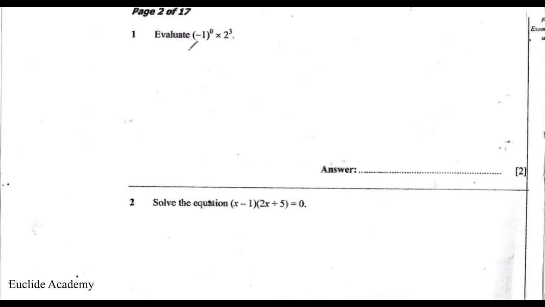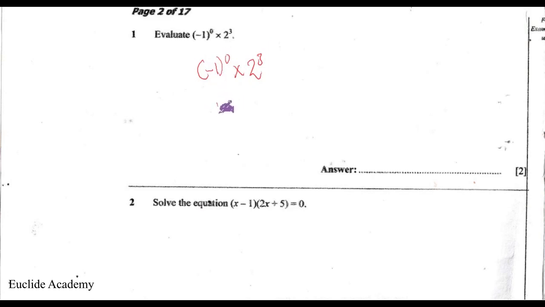Question 1 said, evaluate (-1) to the power 0 multiplied by 2 to the power 3. Here we're talking about indices. From indices we know that anything to the power 0 is 1, multiplied by 2 to the power 3.